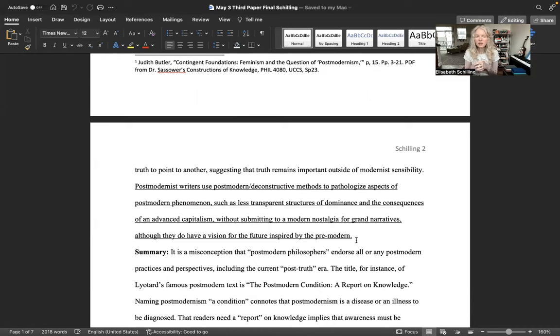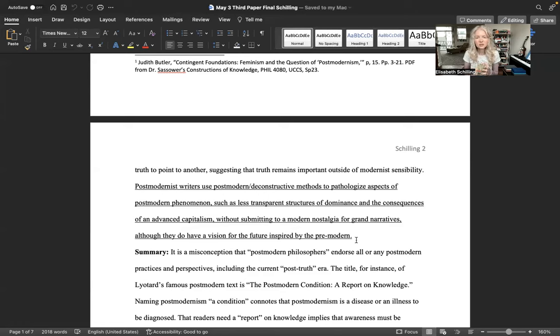So they want to probably read it as efficiently as possible. So if they can see, okay, they definitely have an intro, they definitely have a conclusion, this is how they organize their papers, this is where their thesis is, or where they think their thesis is, then that just helps them along. So you don't have to underline your thesis, but I do.